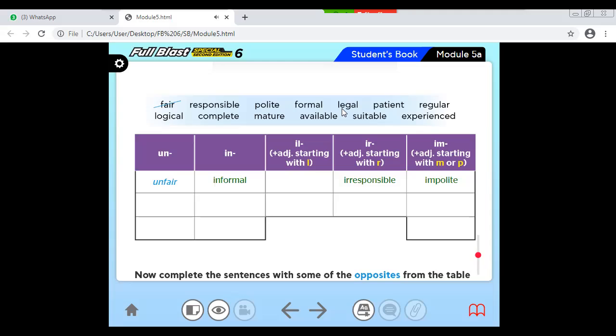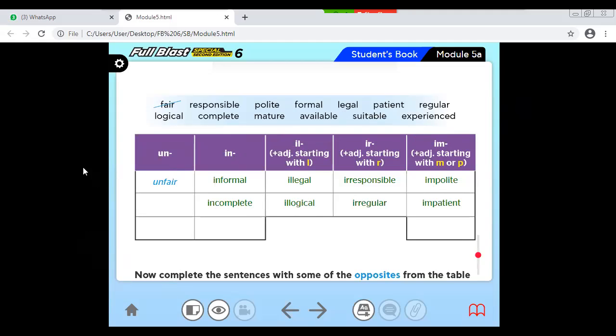Legal. Illegal. Patient. Impatient. Regular. Irregular. Logical. Illogical. Complete. Incomplete. You have to know them.